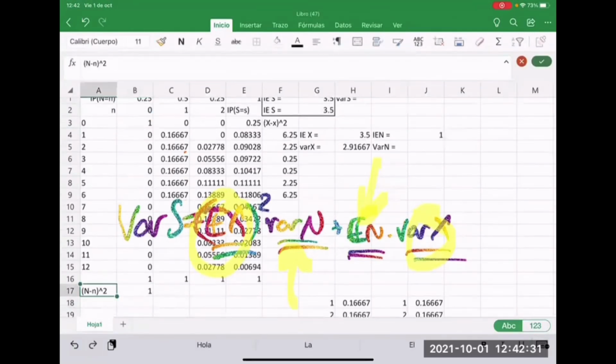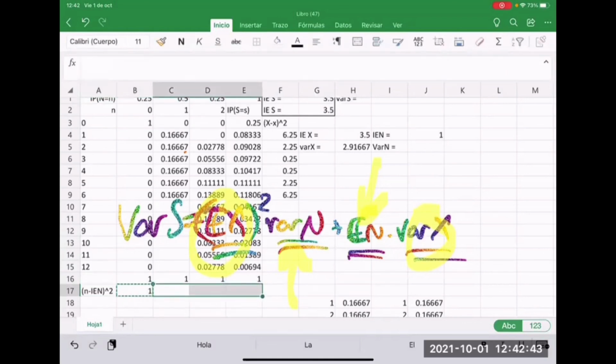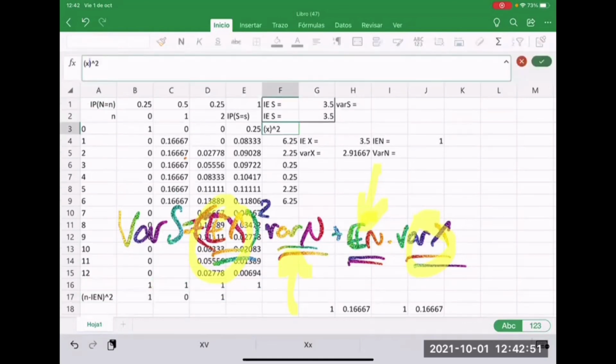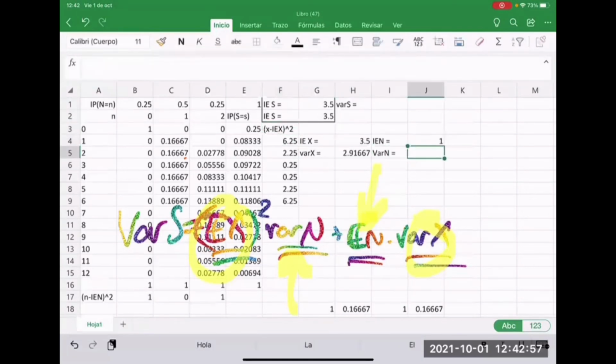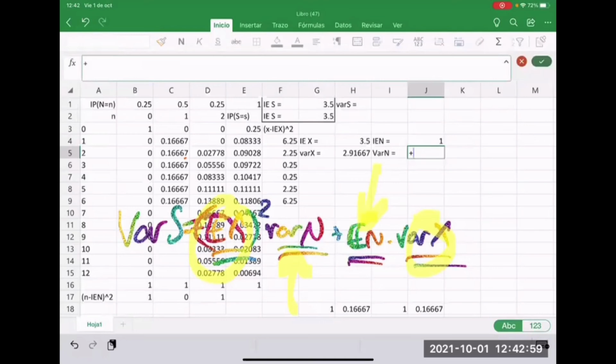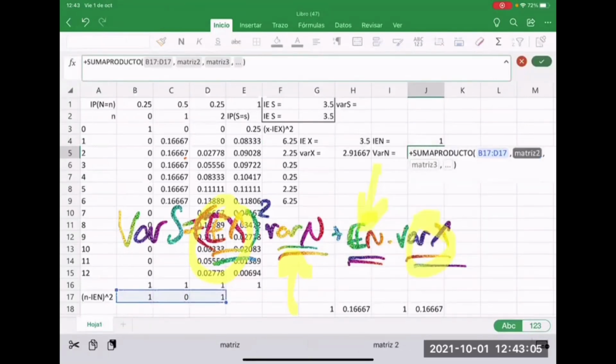Oh, I see that I made a mistake here. So I meant n minus the expectation of n, sorry. And the same goes for all these values here. I need to have x minus the expected value of x here. And well, the variance is just some product of these values with these other values here.